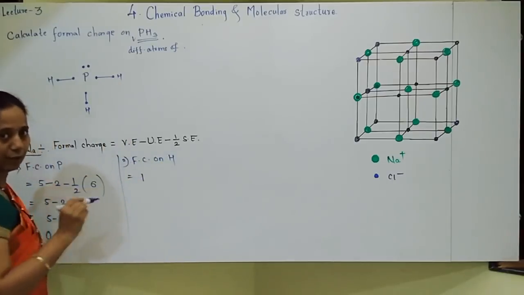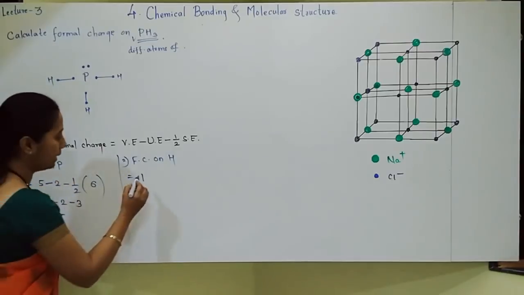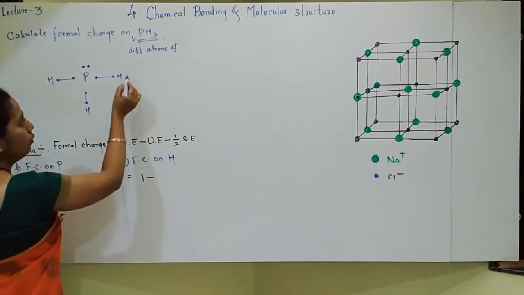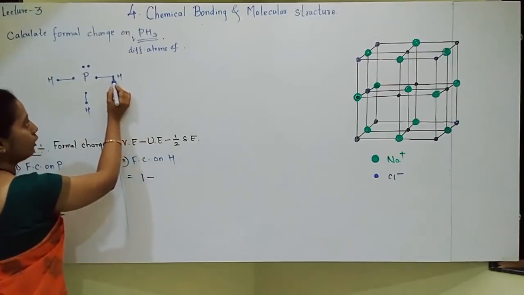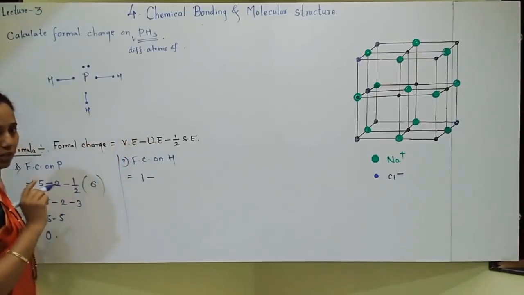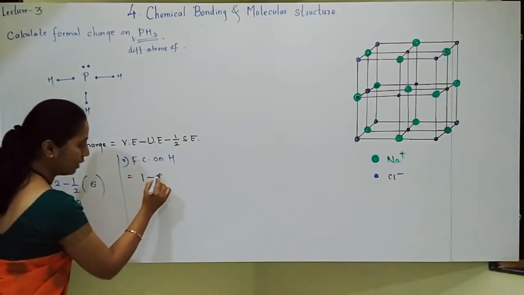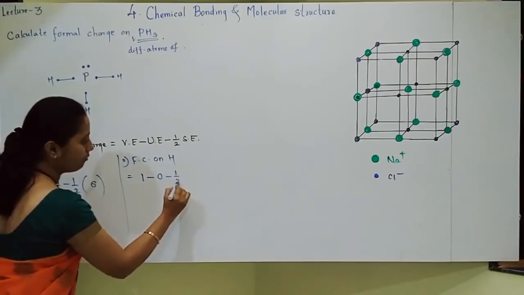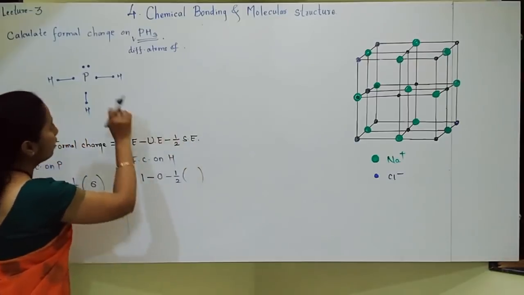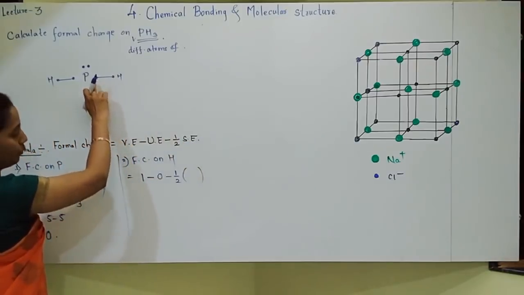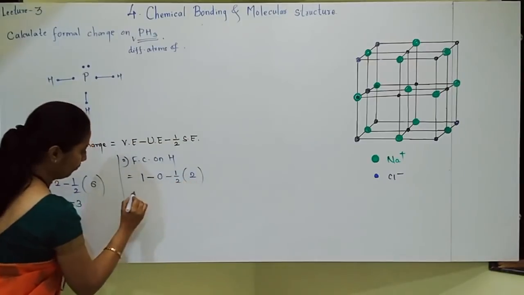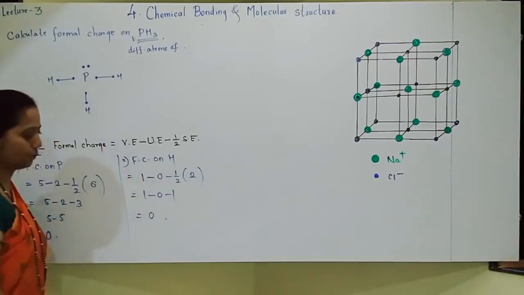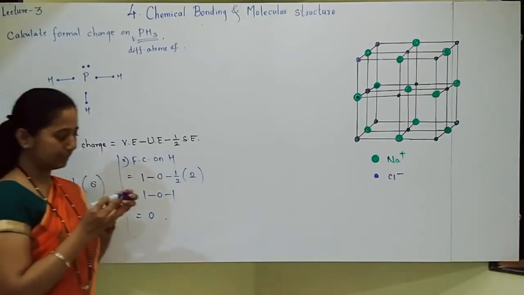Minus unshared electrons: there are none, since the only valence electron is already shared, so I am writing 0. Minus half shared electrons: 1 shared with 1, so total 2, half is 1. 1 minus 0 minus 1, answer is 0. Okay, like this.